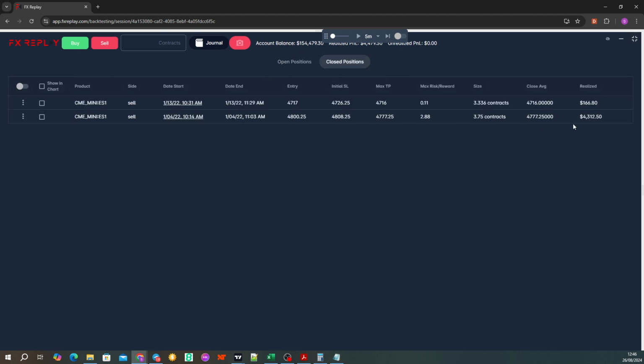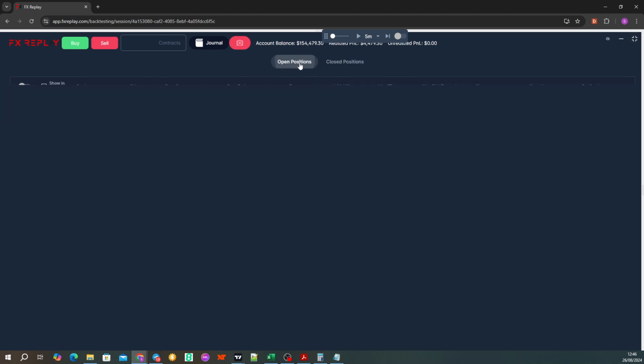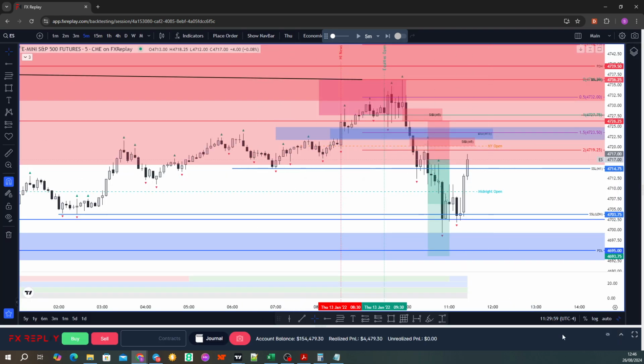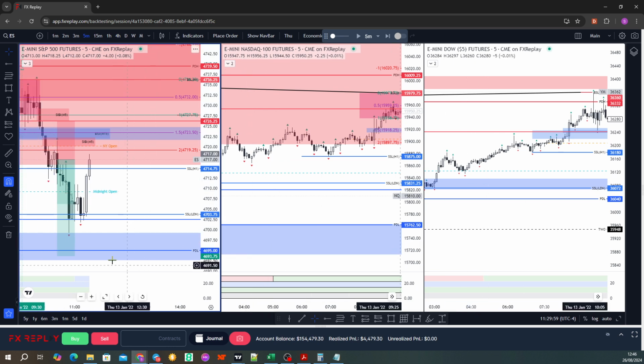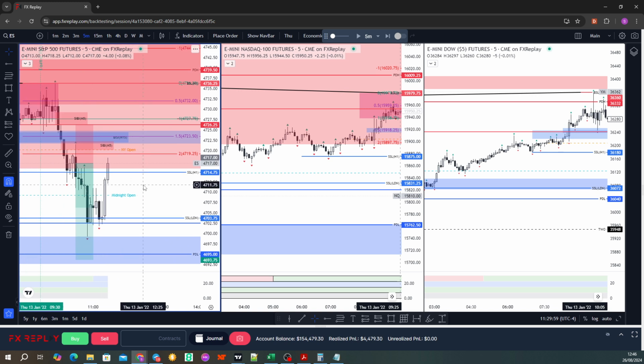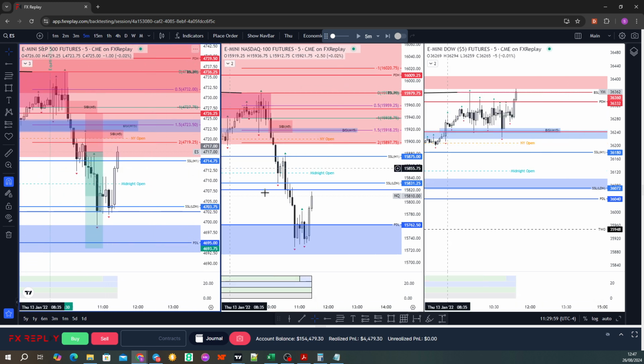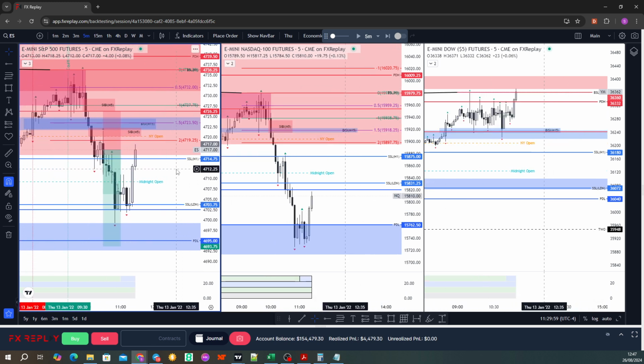Close positions. The end 166. Shame, but we were running sort of 2,000 whatnot. At the end of the day, the target was the previous day's low. That's what we were holding out for. Didn't quite get there, so we take the break even.